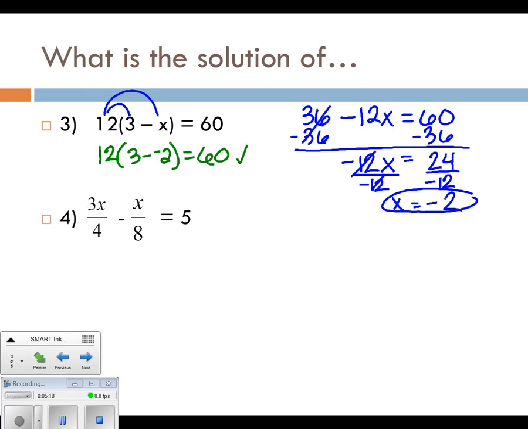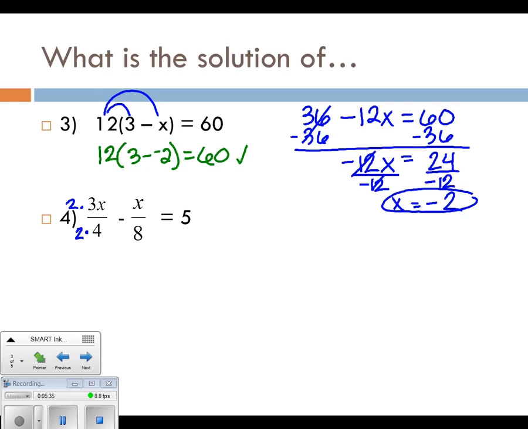In this problem, you can see some rational numbers here. We have 3x over 4 minus x over 8, and that equals 5. So what I want to do is make the rational numbers have a common denominator so I can combine them. So I'm going to multiply the 4 by 2 and the 3 by 2, so then I'm left with 6/8.